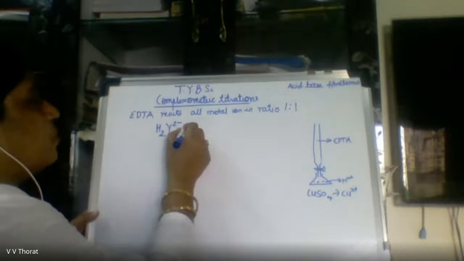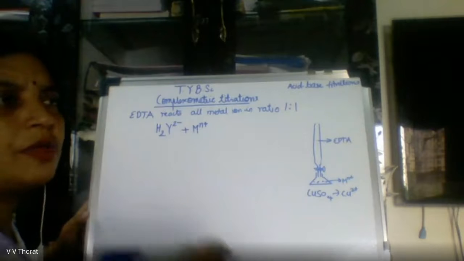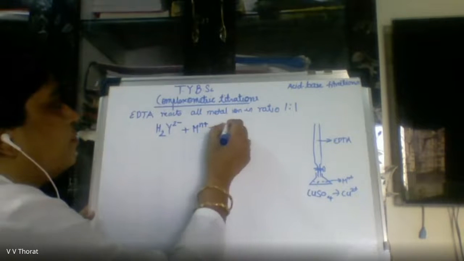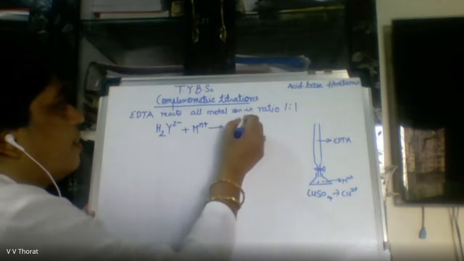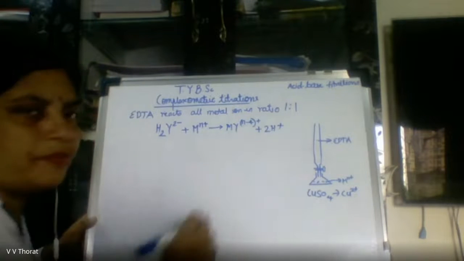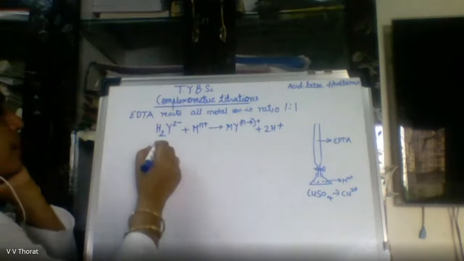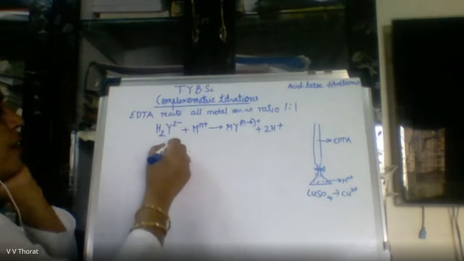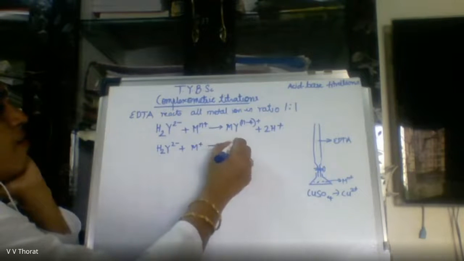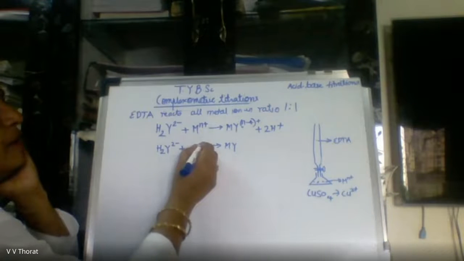General reaction I am showing you now: H2Y2 minus plus metal ion. Any metal you take, copper, zinc, thorium, bismuth, chromium, anything, will react to form MY to the power n minus 4 plus 2H plus. Suppose I take a univalent metal ion. H2Y2 minus plus M plus 1 will give you MY, where the metal ion charge is plus 1.